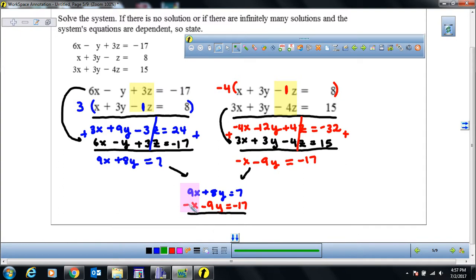What do I need to do so that they become the same number in opposite signs? So that's already a negative. So can I make it a -9? Yeah, by multiplying this equation by a 9.